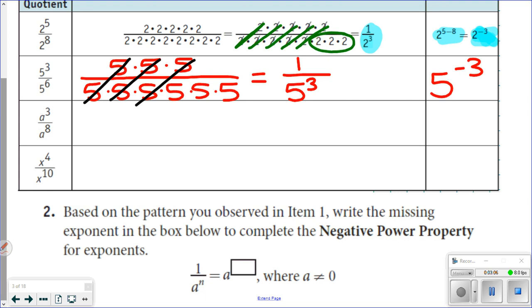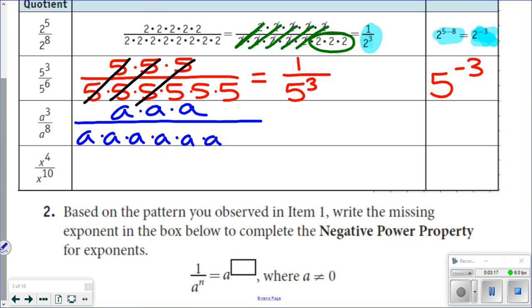Okay. So go ahead and keep going. Do the A's. Cancel them out. So I have 1 over a to the 5th power. And then if I remember my rule, when I'm dividing, I subtract the exponents. 3 minus 8 is negative 5.